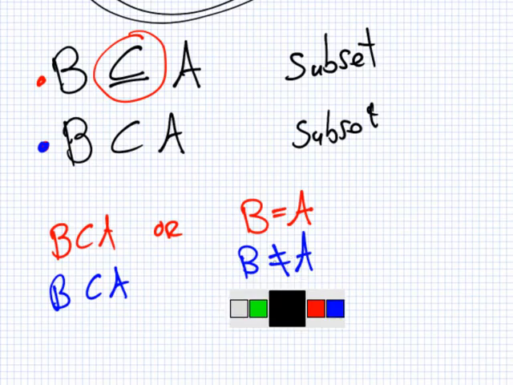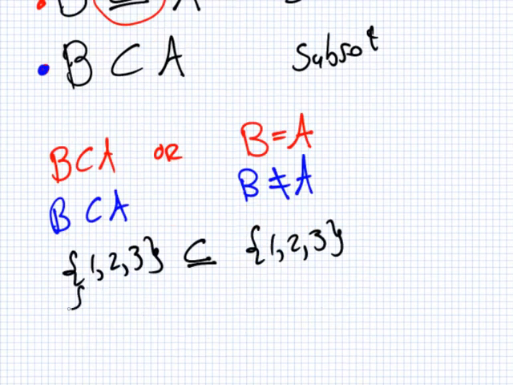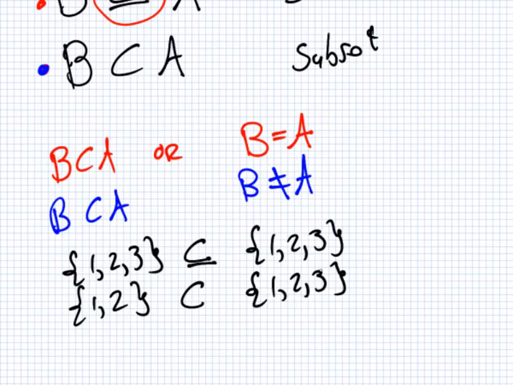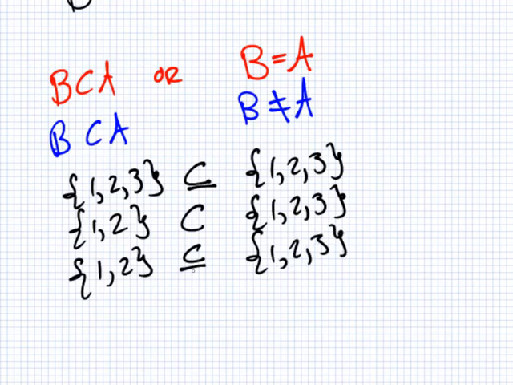So for example, I could say {1, 2, 3} is a subset or equal to {1, 2, 3}. I could say {1, 2} is a subset of {1, 2, 3}. I could even say {1, 2} is a subset or equal to {1, 2, 3}, but I know it's not equal.